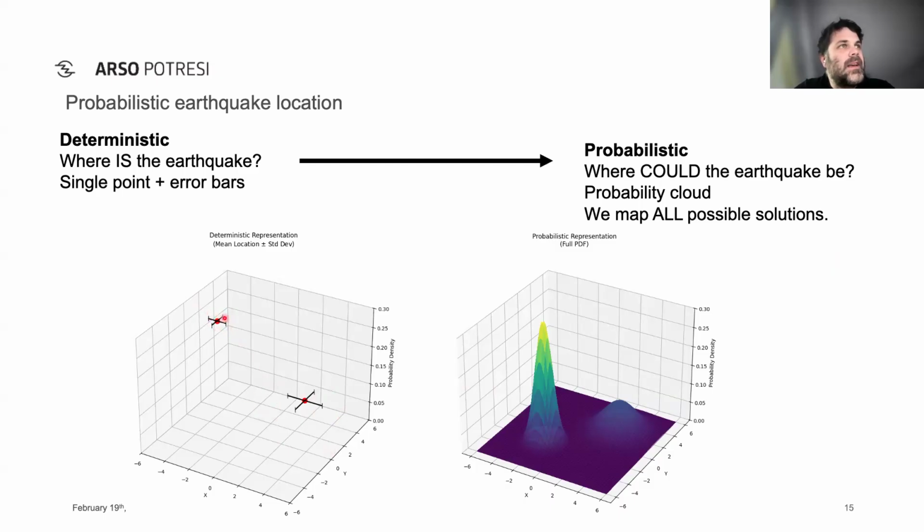But these errors given to this location are still a normal Gaussian distribution, nothing more. In the probabilistic way, because we explore the space fully in 3D, our distribution is not Gaussian anymore, so we can easily find where there is a larger probability for the earthquake to happen, and we can report all this PDF as a solution, not just a point.